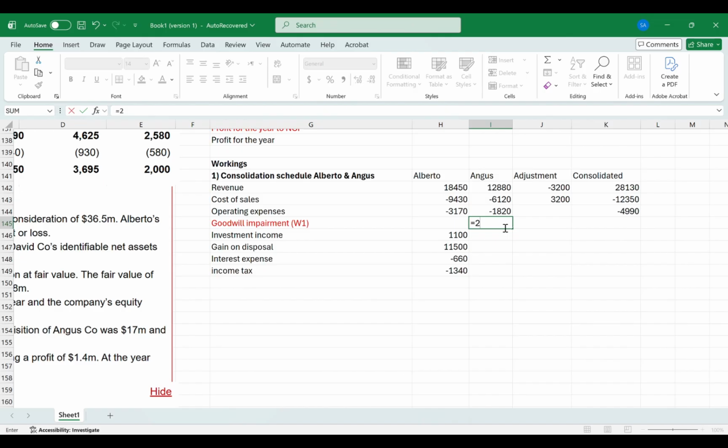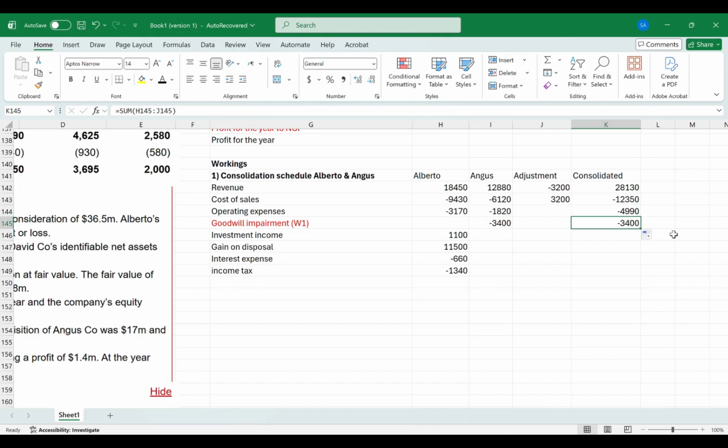So when you take 17 into 20%, 17 million means you are taking 17,000, dropping the 3 zeros. So it is 3,400, the goodwill impairment. It's a minus figure, so I will just drag it.